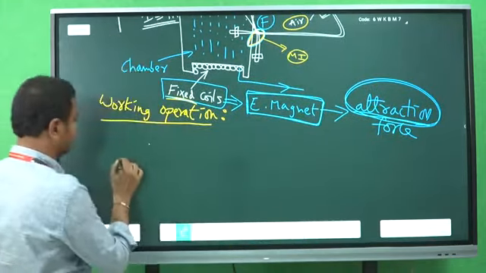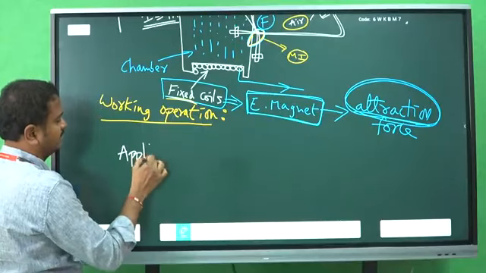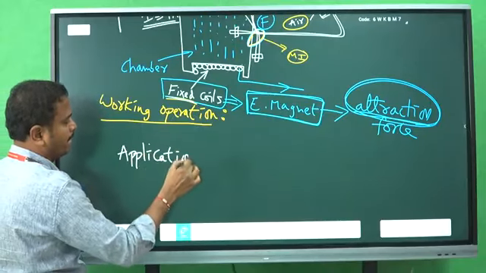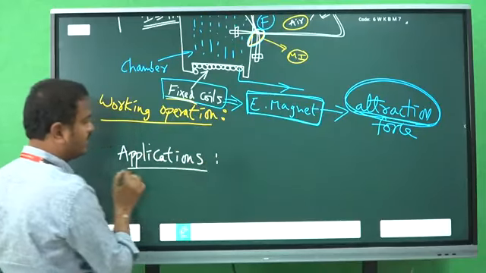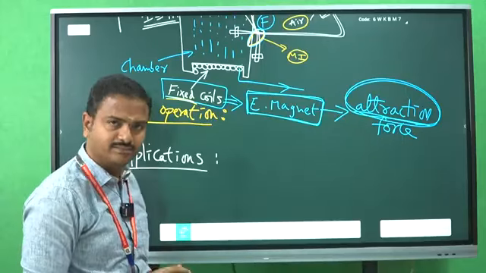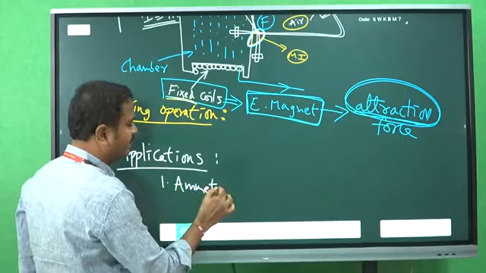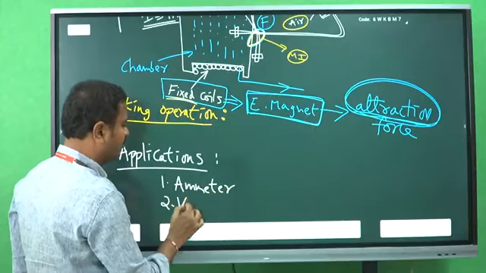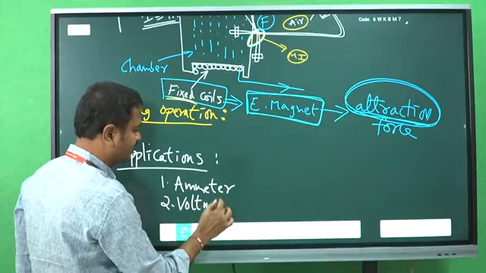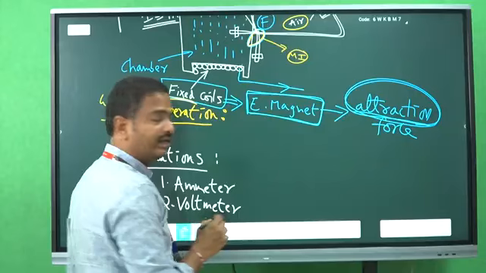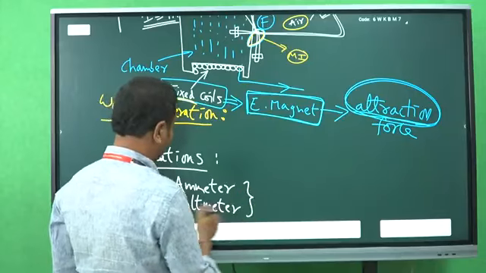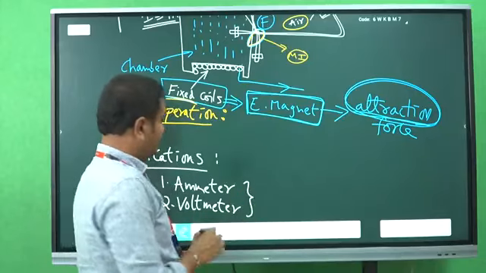And coming to applications of attraction type moving iron system. So first one, MI ammeter. Second one, voltmeter. So these are the meters.